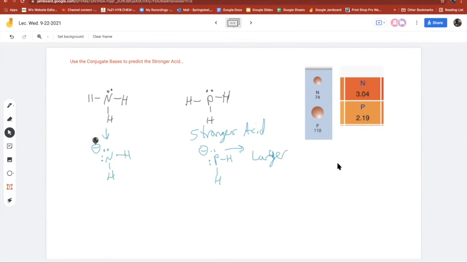So do you think the pKa of this is more or less than 35? What's your guess? Less. Good. Less because it's a stronger acid. The pKa we know from ammonia is 35, so that's why I had that reference. Let's look it up.